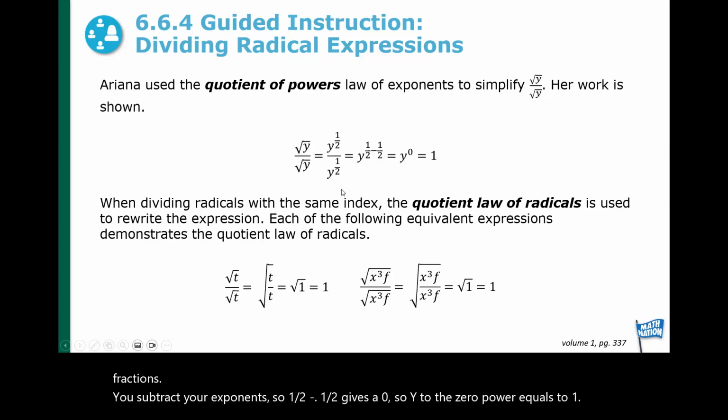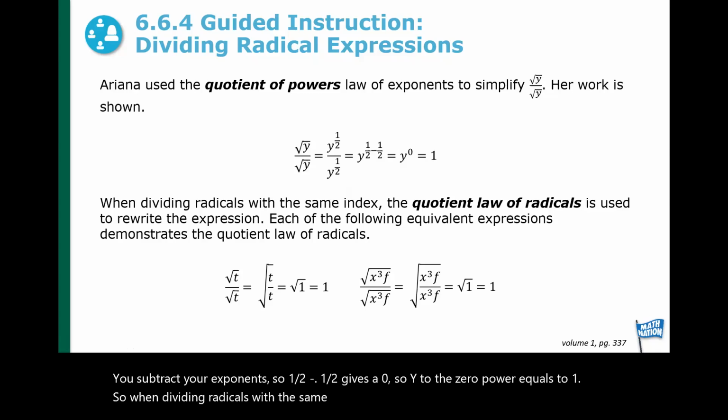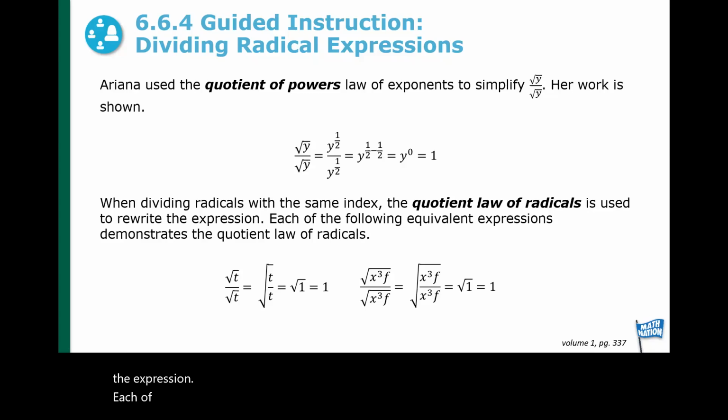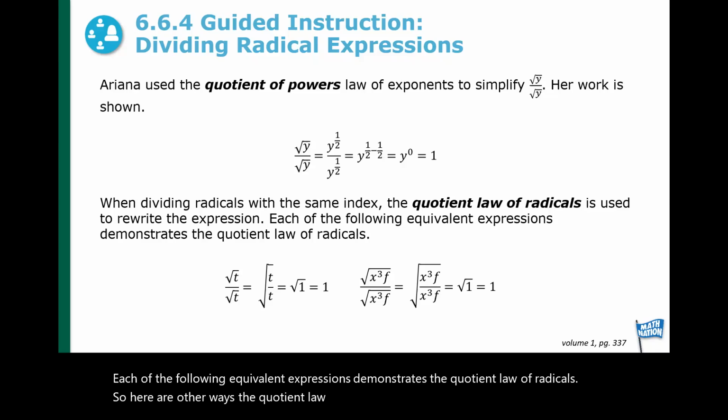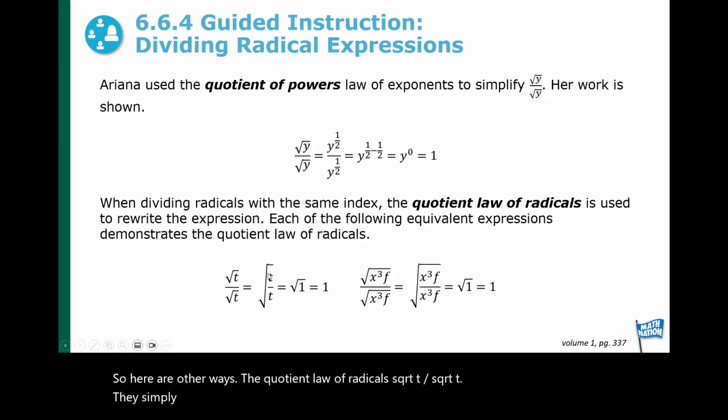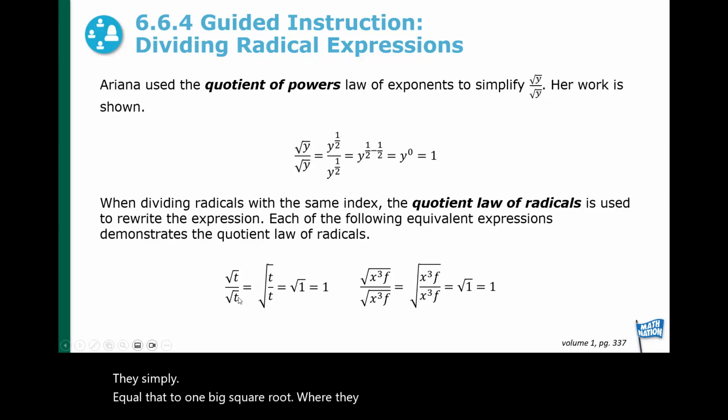So when dividing radicals with the same index, the quotient law of radicals is used to rewrite the expression. Each of the following equivalent expressions demonstrates the quotient law of radicals. Square root of t over the square root of t equals one big square root where they put the t over the t, kept as a fraction.